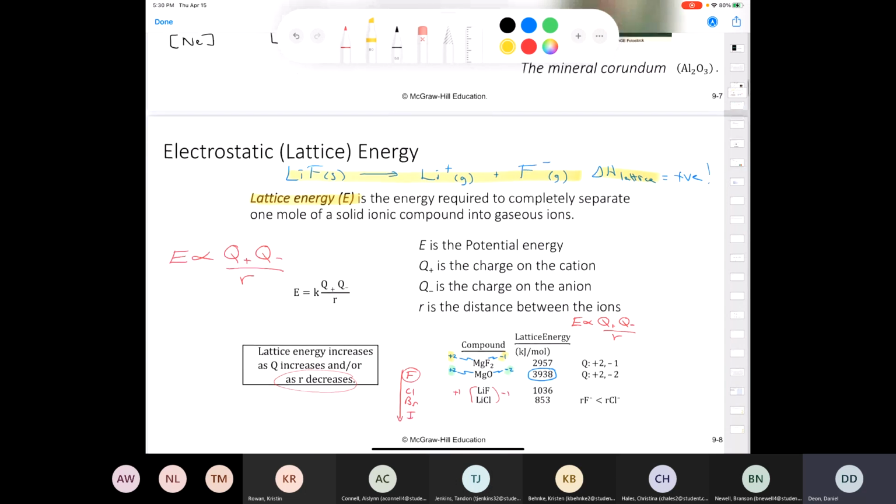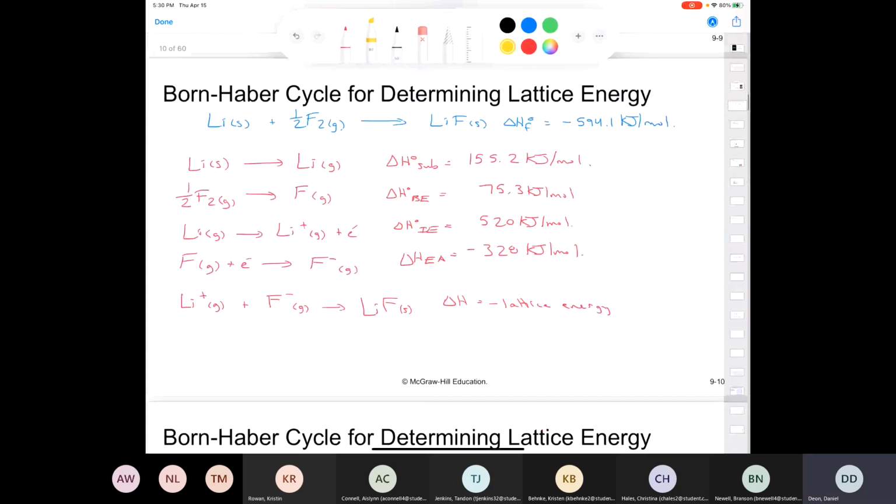Look carefully at this reaction that I just highlighted. What I have here is the exact opposite. So if we can figure out what this number is, then we've got the negative of the lattice energy. Just for interest's sake, I'm going to call this X to make it nice and simple. Now look what happens when we tally all this up.